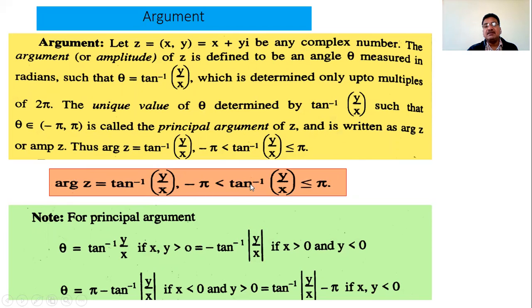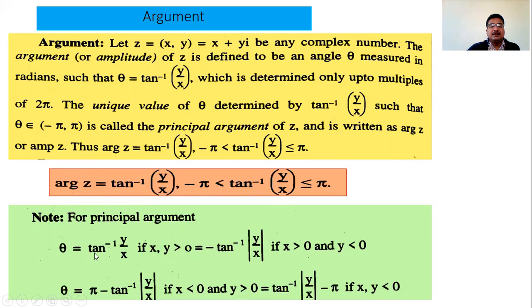That is, strictly greater than minus 180 and less than or equal to 180. Pi means 180. The value lying in this range is called the principal argument.